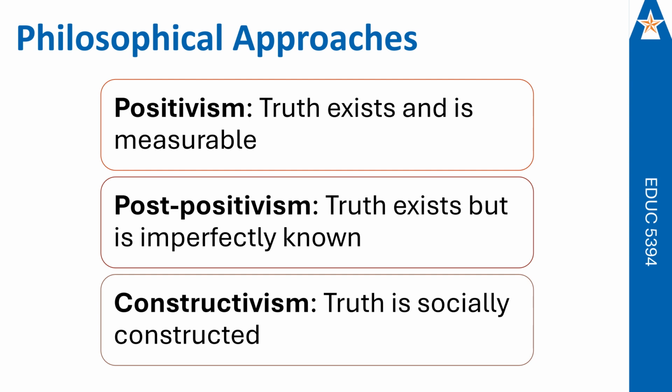Positivism sees truth as discoverable through scientific methods, while post-positivism argues that truth exists, but our understanding of it is always limited and open to revision. In contrast, a paradigm like constructivism holds that truth is socially constructed and shaped by people's experiences, meanings, and interactions, used more with qualitative research. These perspectives help explain why quantitative research emphasizes measurement, evidence, and systematic methods.